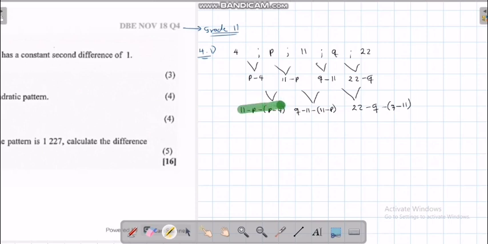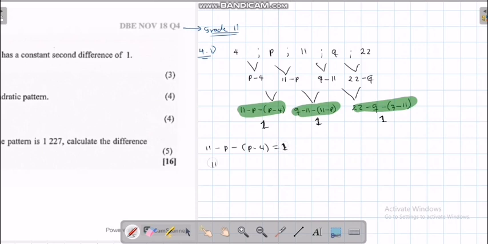Okay, so now they told us something. They said our second difference is 1. So this thing must be 1, 1, 1. So in this case we can solve for p first. 11 minus p minus (p minus 4) must be equal to 1.